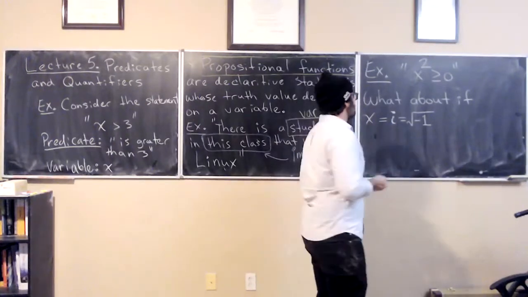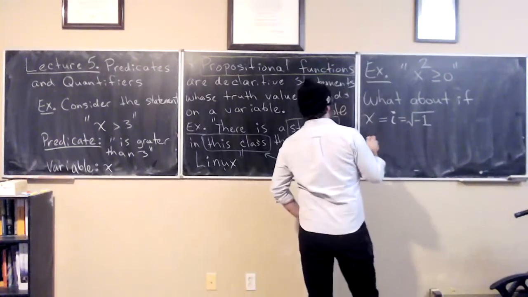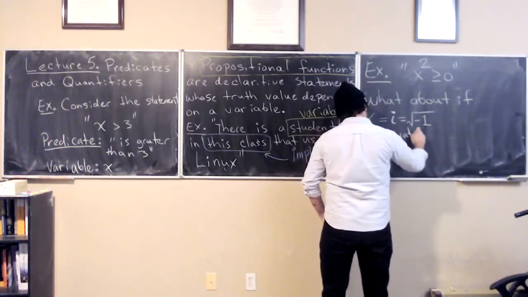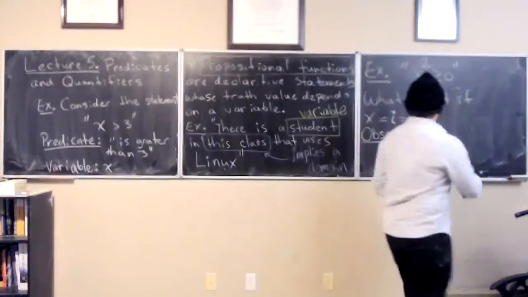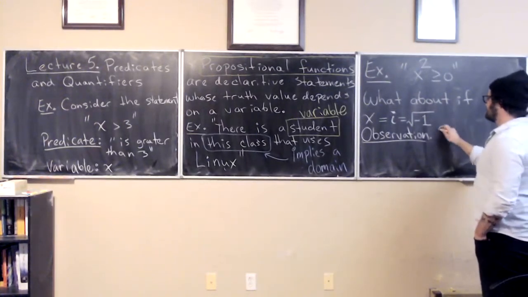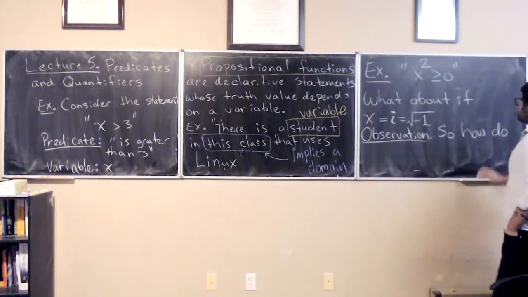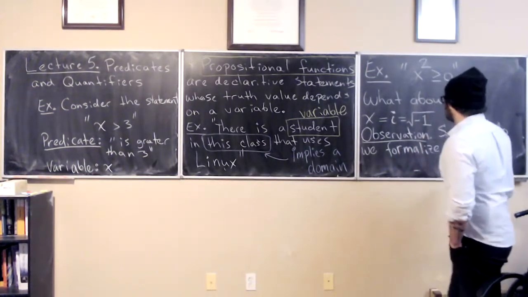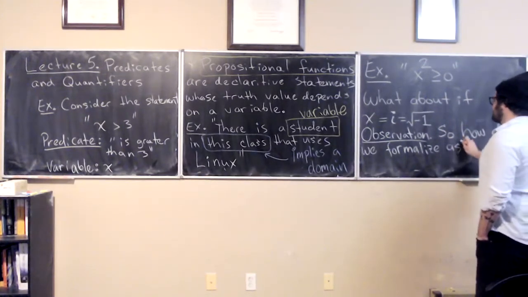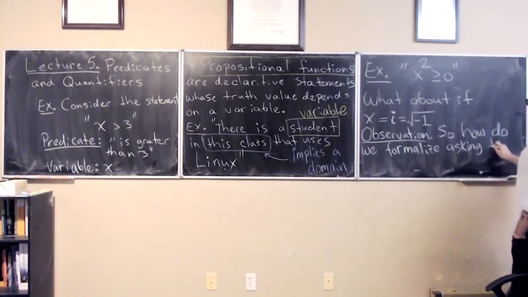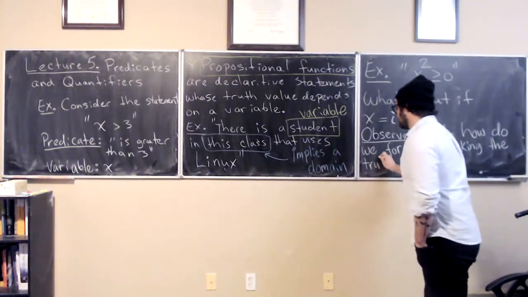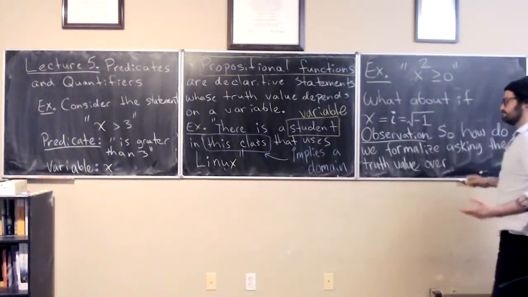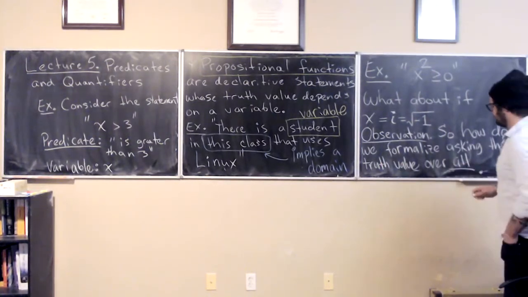So it's almost like we're hinting at, I'll call this an observation: maybe how do we formalize asking the truth value over all domain elements.